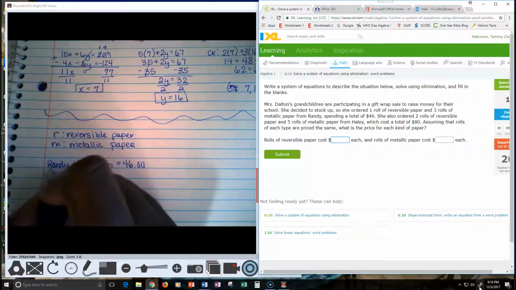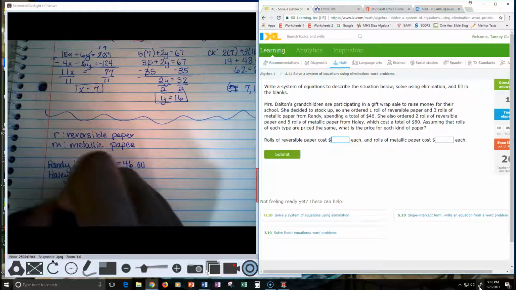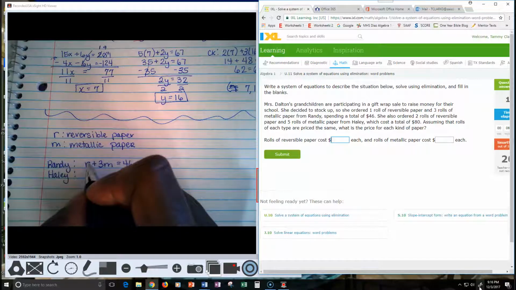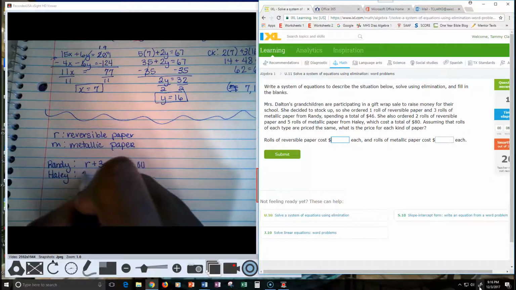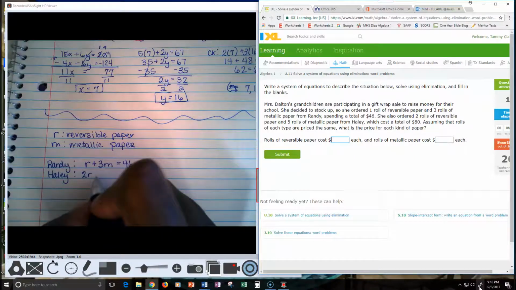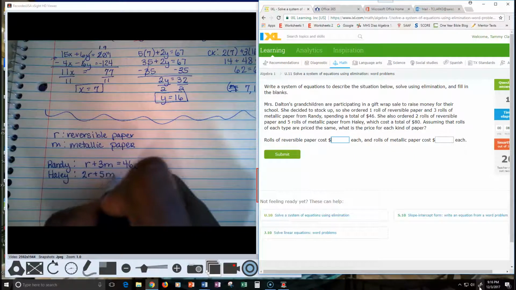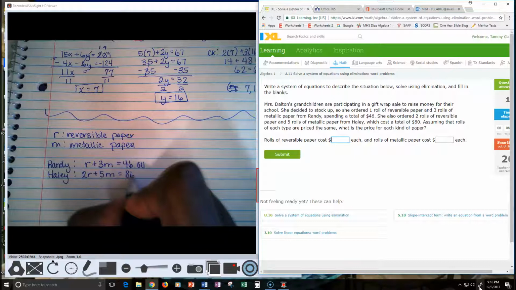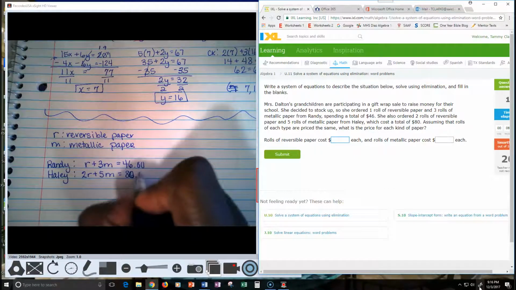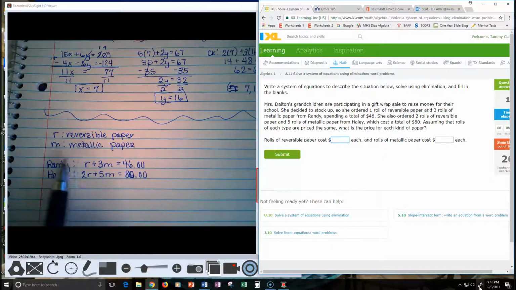And then for Haley, she ordered 2 rolls of reversible plus 5 rolls of metallic, and that was $86? No, $80. Okay, so now we have our two equations.